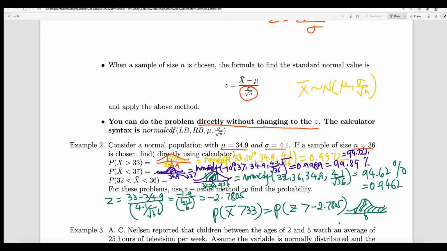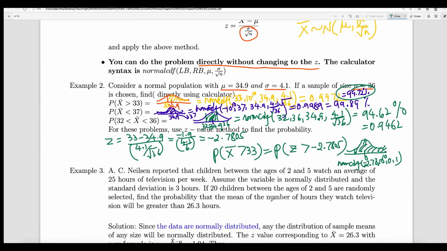Normal CDF, left bound is negative 2.78, right bound is 10 to the 10, and then 0, 1, because this is converted to the z value. If you do that, you will get exactly the same answer. Similarly you will do the second one. For the third one, you need to find the z value for 32 and the z value for 36, and then use the z values in the calculator.